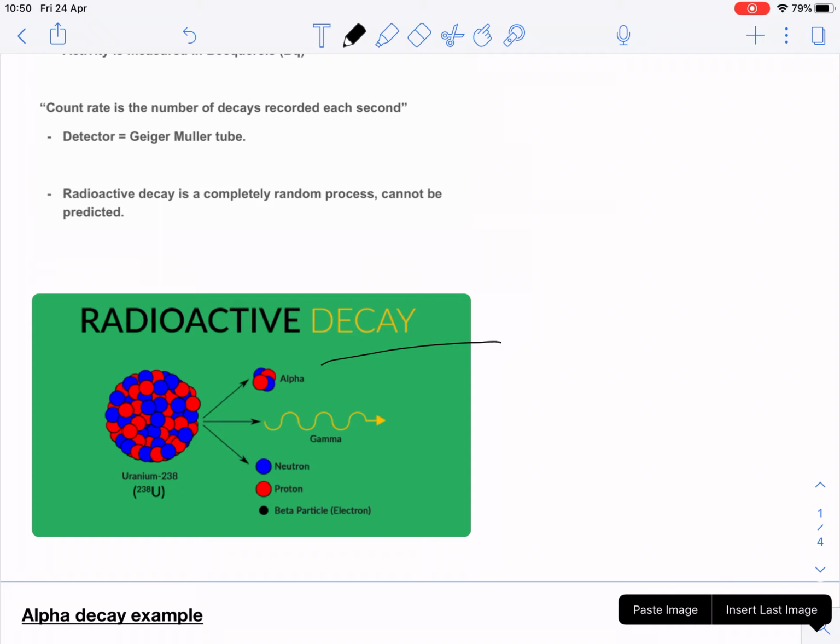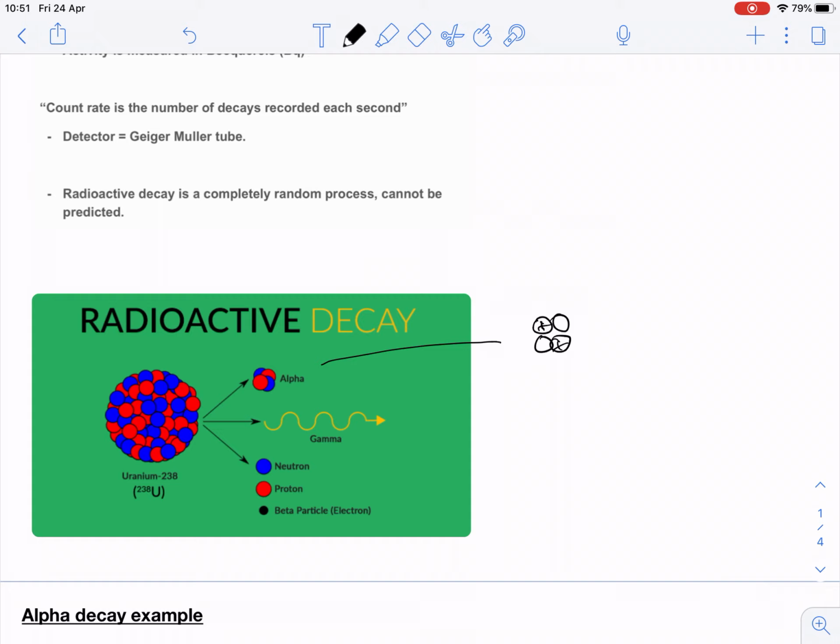You may remember from previous videos that this is two protons and two neutrons, without the electrons around the outside. Alpha particles are positive. This has an impact on the mass number when that radioactive decay occurs. We'll go through that in more detail in a moment.